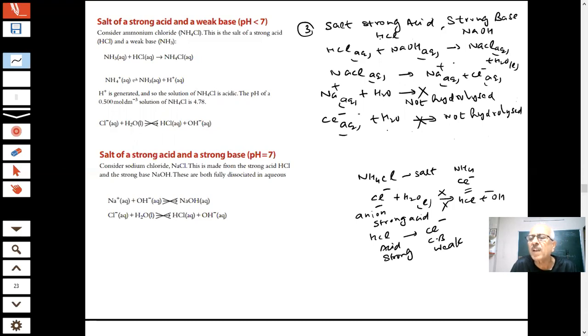There are equal numbers of H plus and OH minus ions, so the pH will be 7. Neutral. This will be a neutral solution, student.